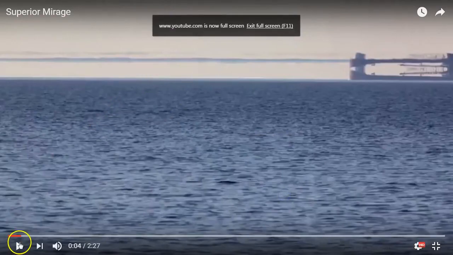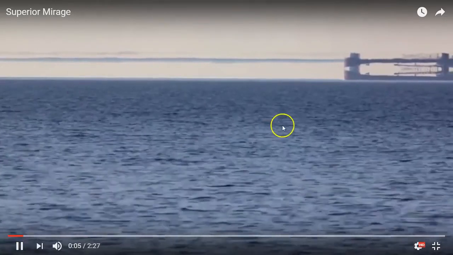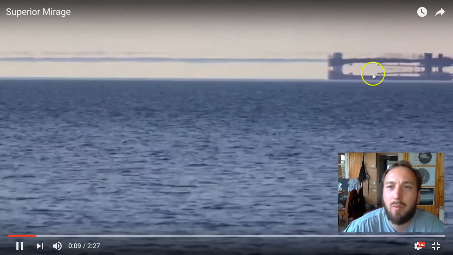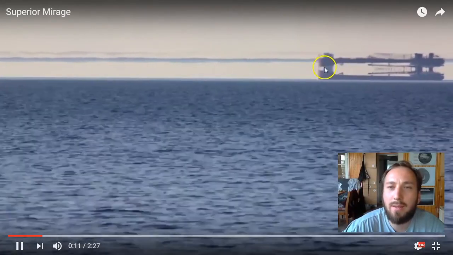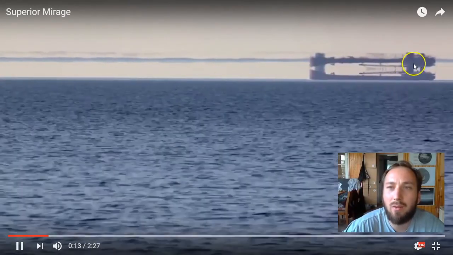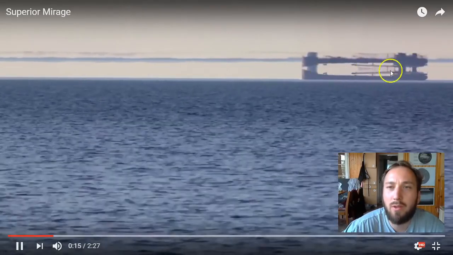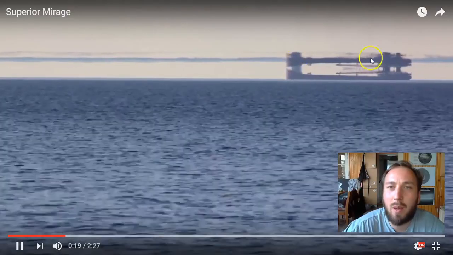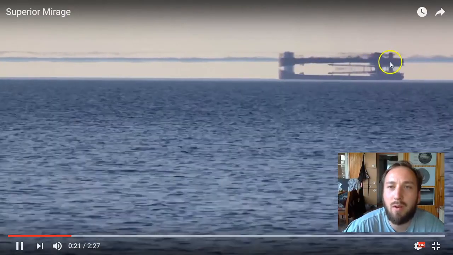I'm going to show you one. So as you can see, the super mirage is always a turned upside down image of the original. So you can see the ship, and you can see it turned upside down right above it.